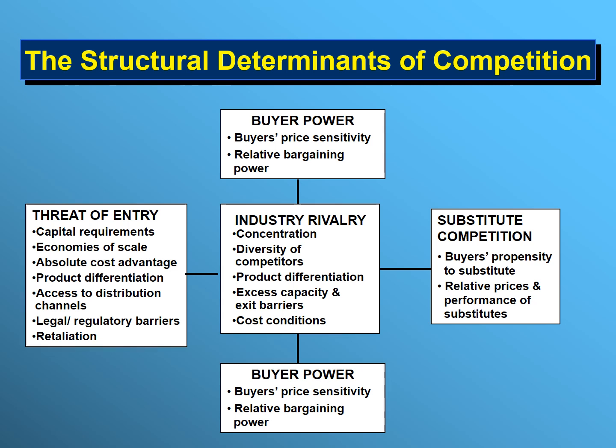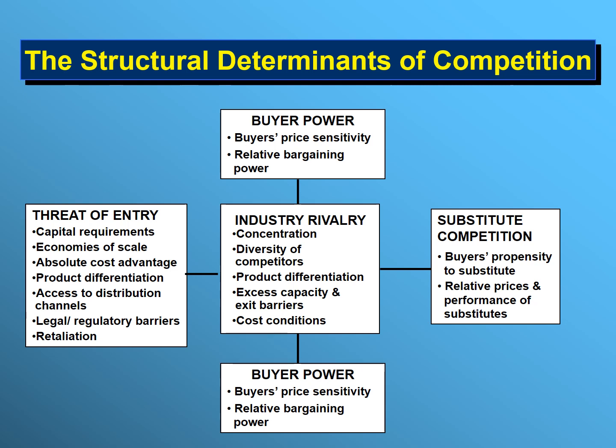A customer group is price sensitive if the products it purchases from the industry represent a significant fraction of its cost or expenditures. Here, buyers are likely to bargain hard for a favorable price, as consumers do for home mortgages.